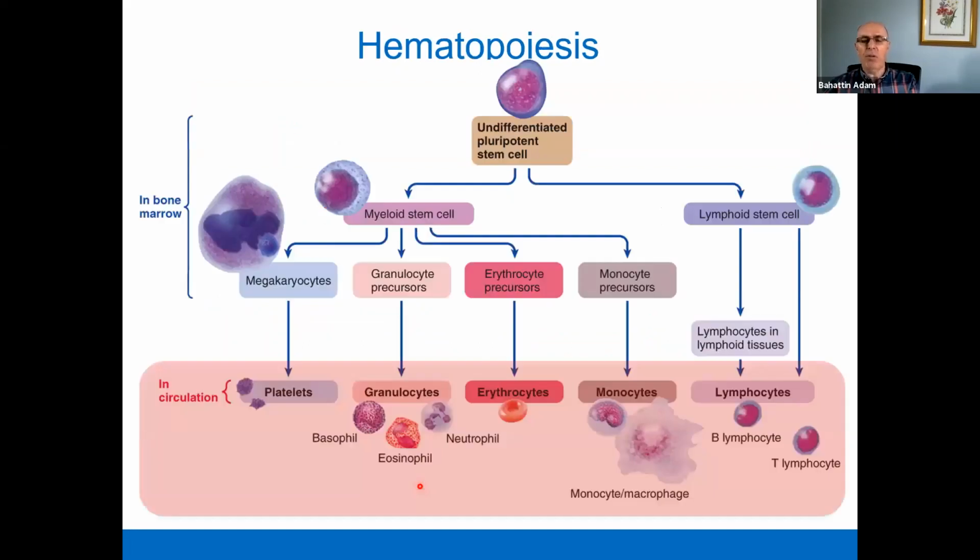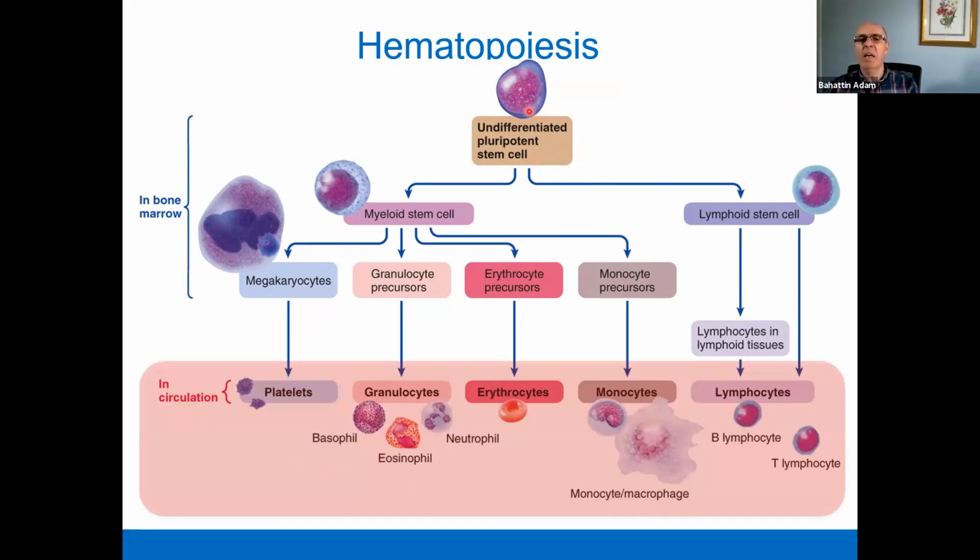Now, as you see here, this diagram is really good to explain hematopoiesis. As you see, undifferentiated pluripotent stem cells, or you can say CD34 plus stem cells.